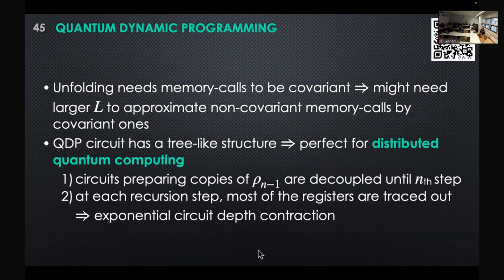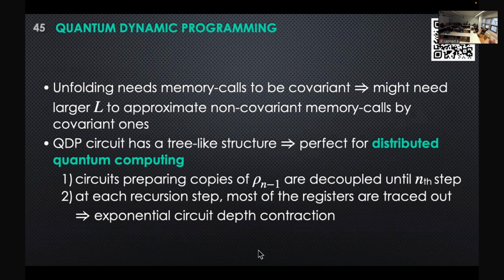So every time we do this, we are tracing out a majority of the circuit. So the circuit width contracts exponentially after each recursion step. So it's not exponential circuit width from the beginning to the end, but exponential circuit width in the beginning, and only constant width at the end.